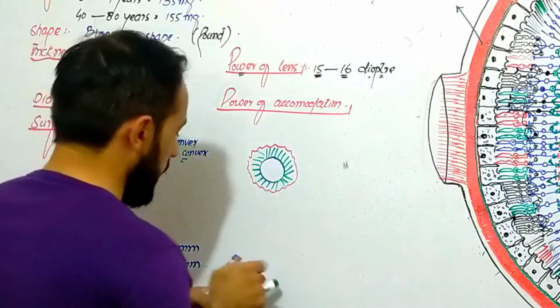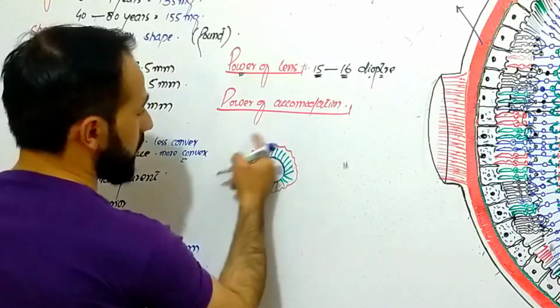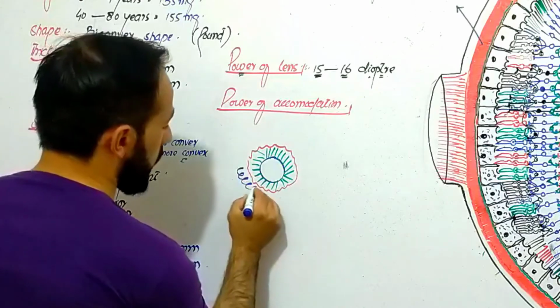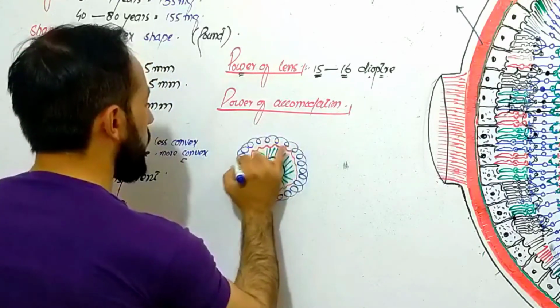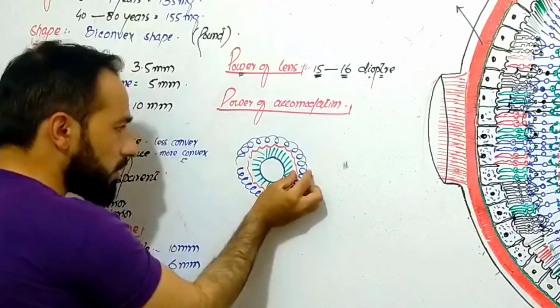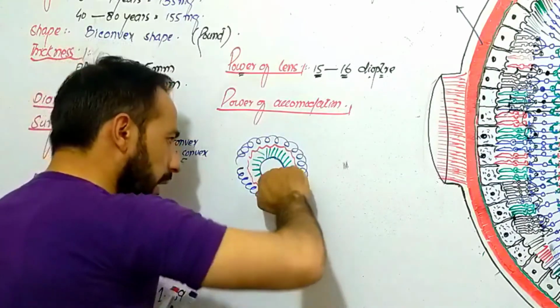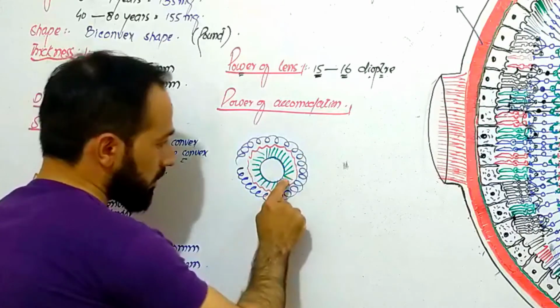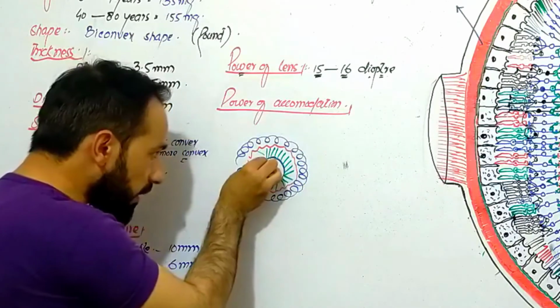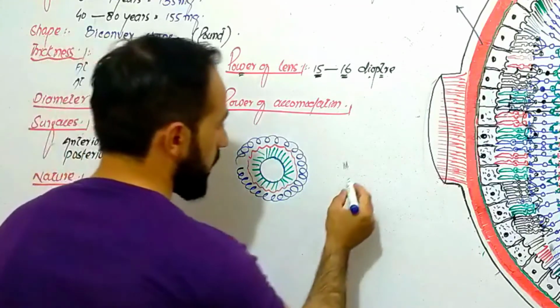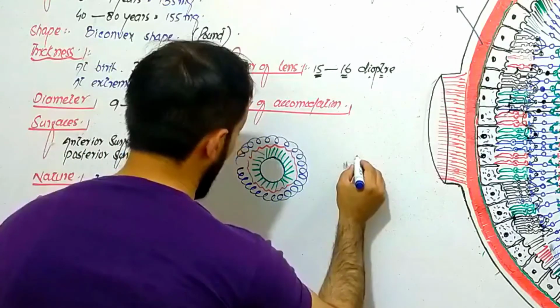Now look carefully. In the ciliary body, you know that there are different types of muscles. Three types of muscles are present there, right? Whenever these muscles contract, they will pull the suspensory ligaments towards themselves, and these suspensory ligaments will enlarge the size of your lens.